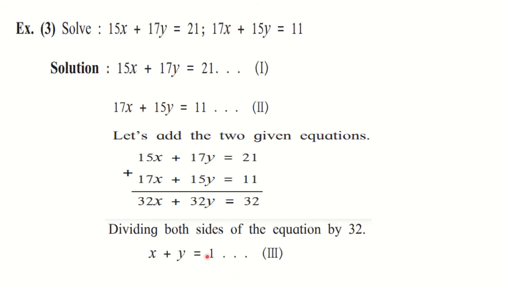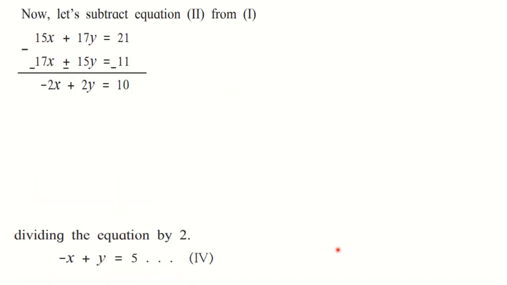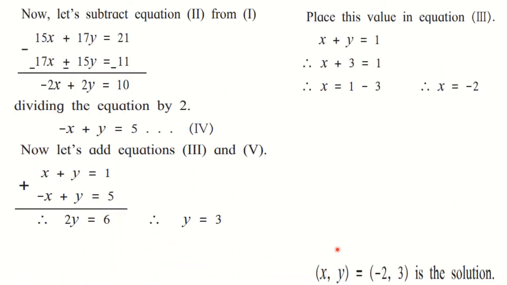You can see the x plus y value you get simply when you add. When there is a positive sign everywhere and you want to find the value of x plus y, simply add the two equations and divide by the number which you have got there, and then you are going to get the answer. Similarly, if you want to find x minus y, then you have to subtract. There is no need to solve the complete question here. Okay, so take a note of this.